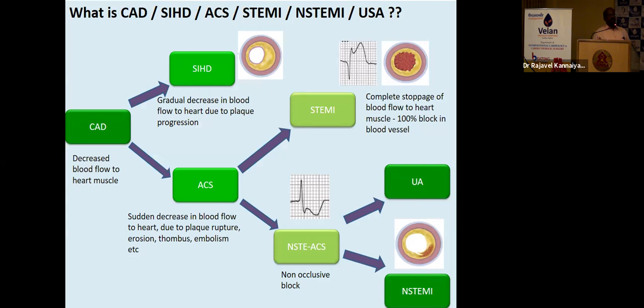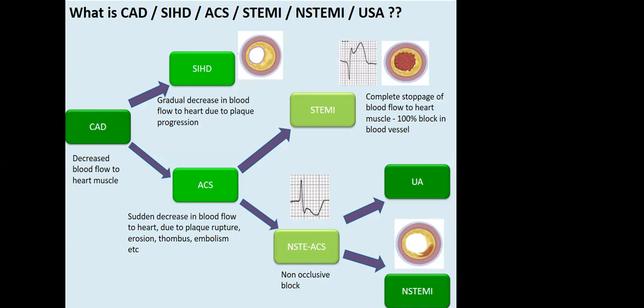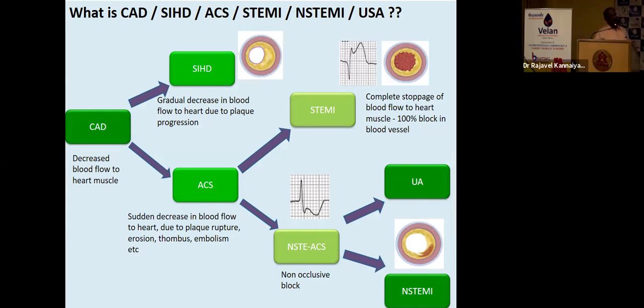Know briefly the differences between acute coronary syndrome, stable coronary artery disease, and what is meant by CAD. It means decreased blood flow to the heart muscles. Whether the decreased blood flow is due to plaque progression, or due to plaque rupture or erosion with thrombus occlusion, you can classify according to that.